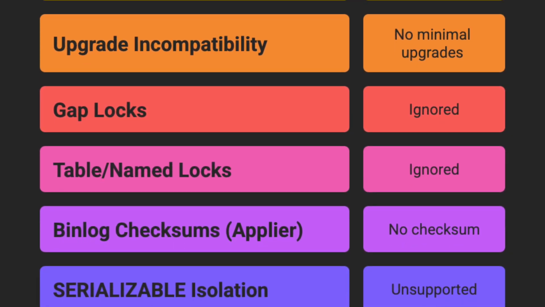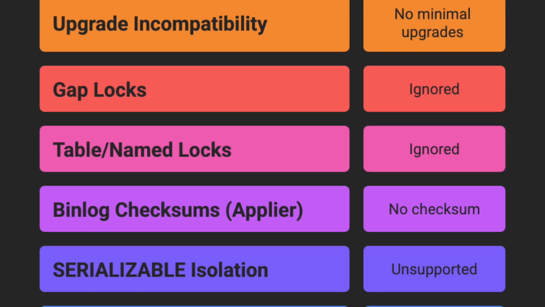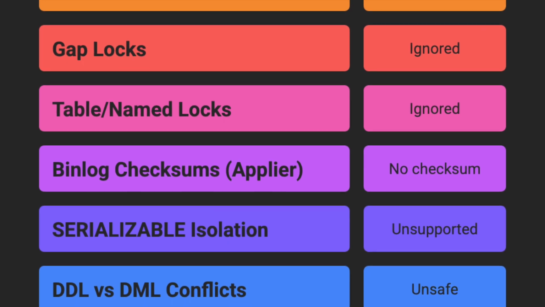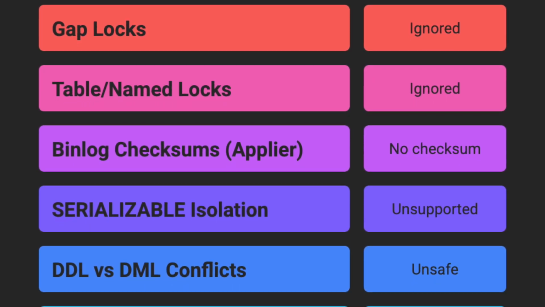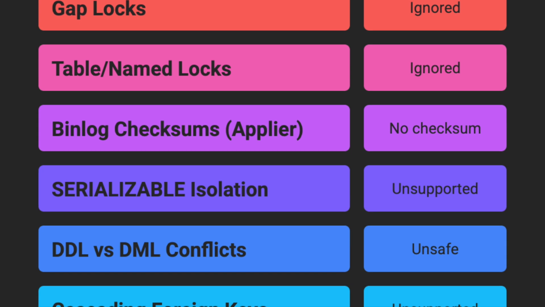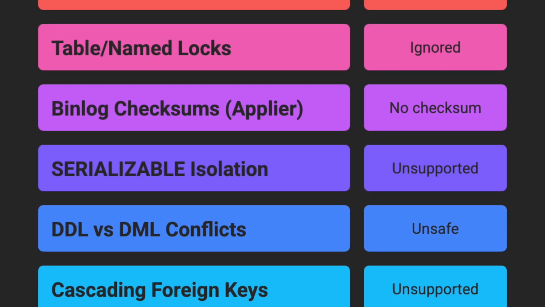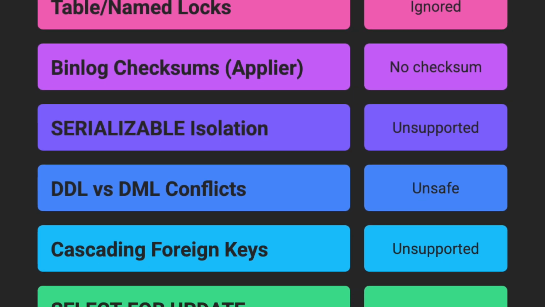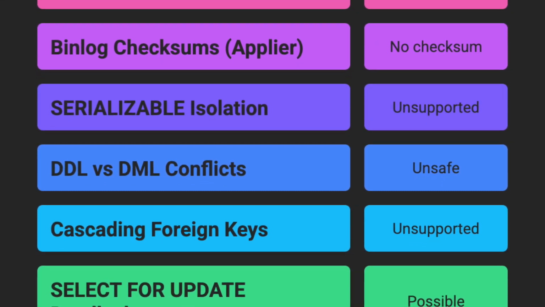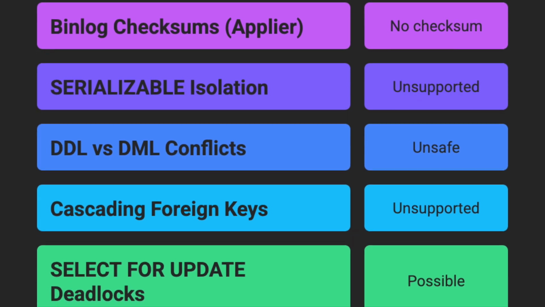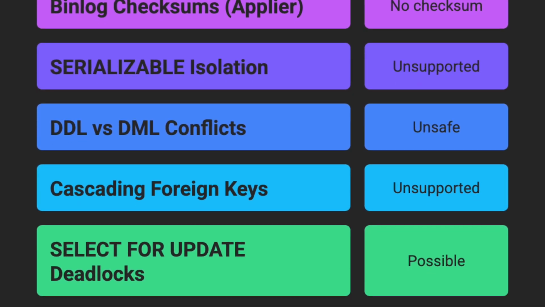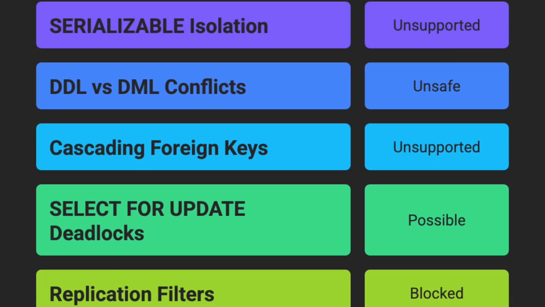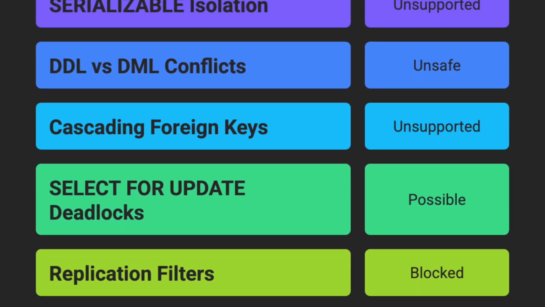What about database relationships, specifically those cascading foreign keys like ON DELETE CASCADE? They're convenient, but do they work well in multi-primary? That's another tricky area for multi-primary. Multi-primary groups generally don't support tables with multi-level foreign key dependencies, especially if they use cascading constraints like ON DELETE CASCADE. Why not? What's the conflict there? The problem is that cascading actions, one delete triggering potentially many other deletes or updates across related tables, can happen in slightly different orders or timings on different members in a multi-primary setup.